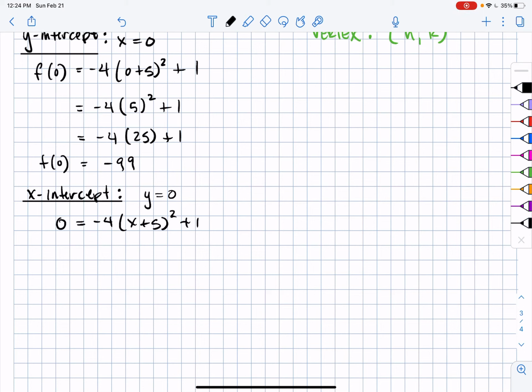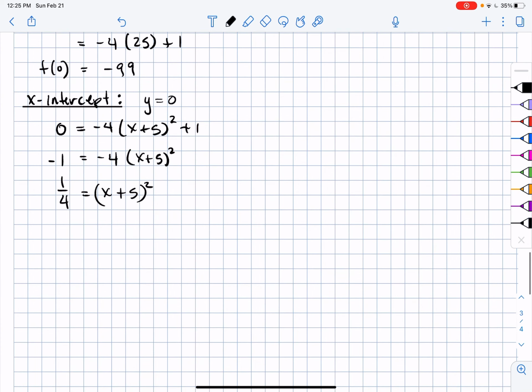So I've got to subtract 1 over. So I'm going to have negative 1 is equal to negative 4 times x plus 5 squared. Then I'm going to divide by negative 4. So I'm going to have a positive 1/4 is equal to x plus 5 squared.